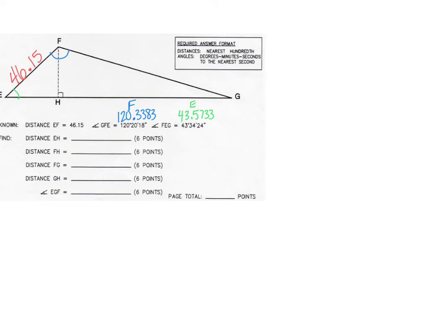That's just my way. You may not want to do that, but it saves me having to scroll up to go grab numbers constantly. I did the same thing with angle E down here. All right, so let's get started. The distance EH is what we are looking for. So that's this length right here.